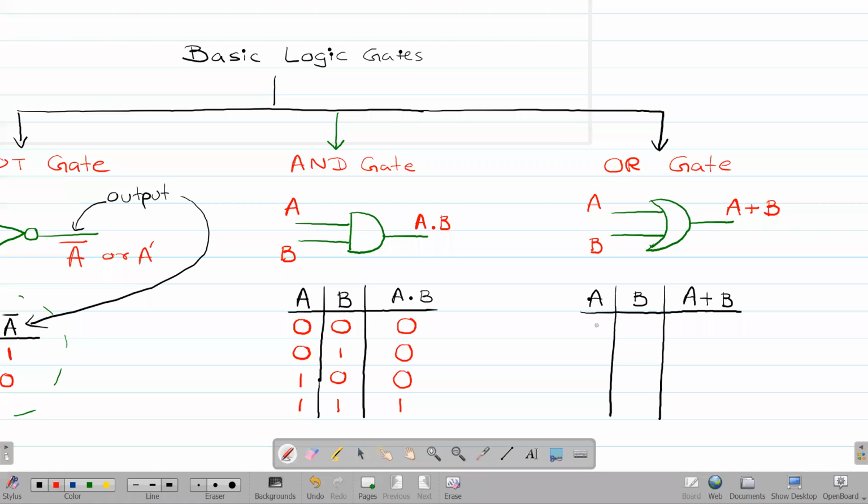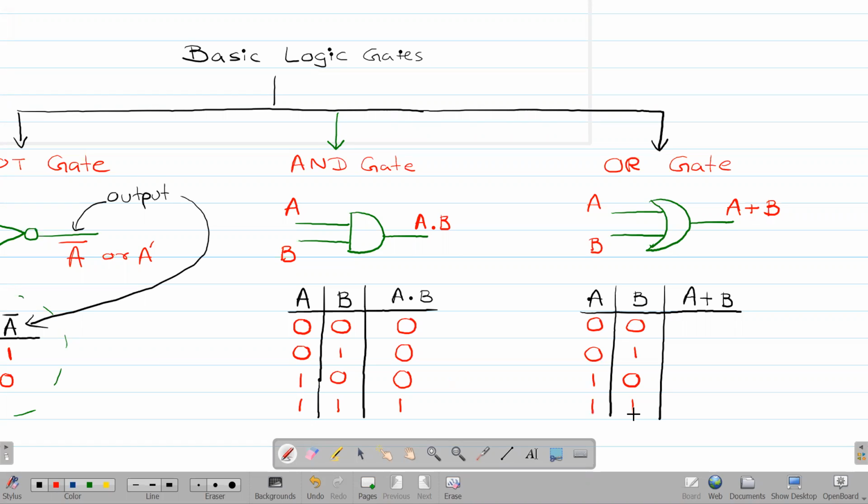Right? And the input combinations go the same way. 0, 0, 0, 1, 1, 0, and 1, 1. Right? And the addition. Look at this closely.